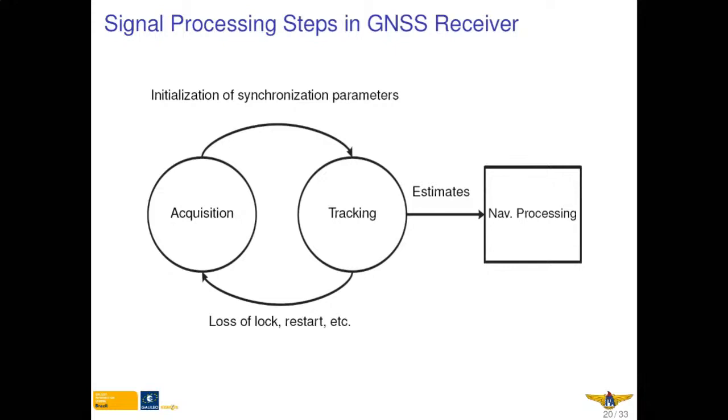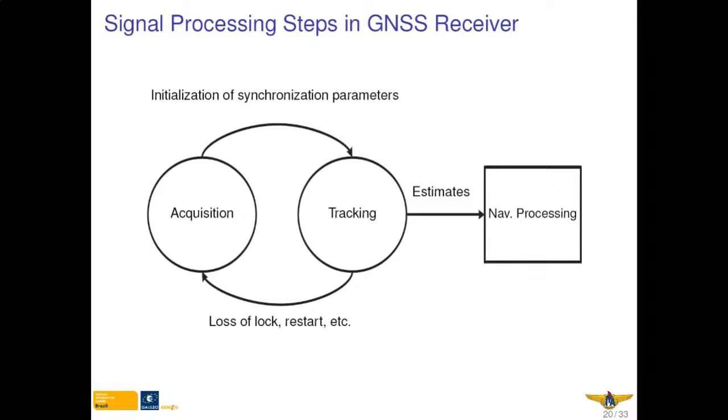Then the tracking with the DLL, and also with other parameter tracking methods for carrier phase and Doppler shift, are initialized, and all the satellites are tracked continuously until we lose lock. If we lose the tracking of the signal, we have to go back to the acquisition again and initialize tracking again.